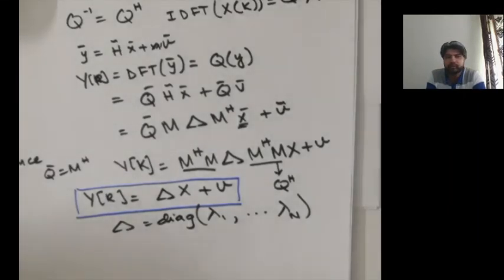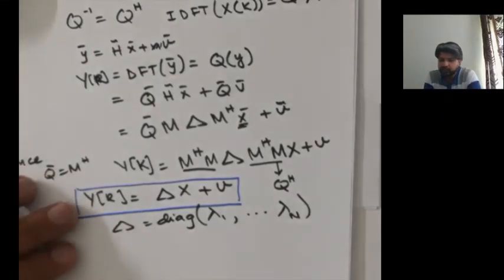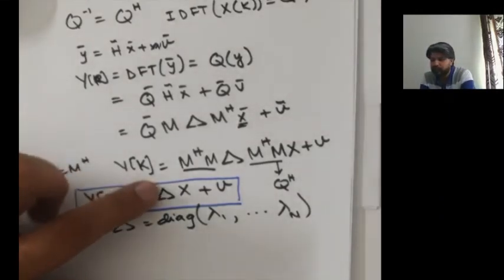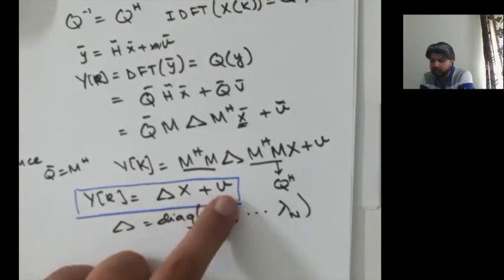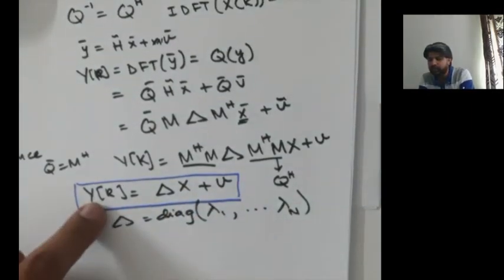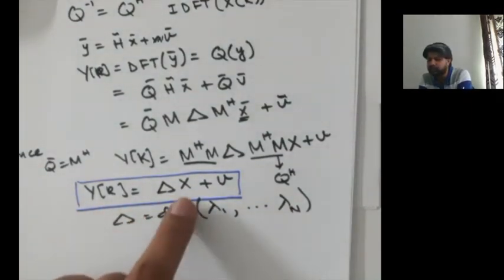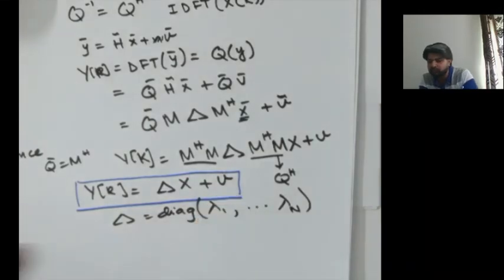That means you don't have any interference coming from the previous symbols or whatever. You just transmit something. So y1 would be lambda 1 times x1 plus v1. Your y2 would be lambda 2 times x2 plus v2, and so on.